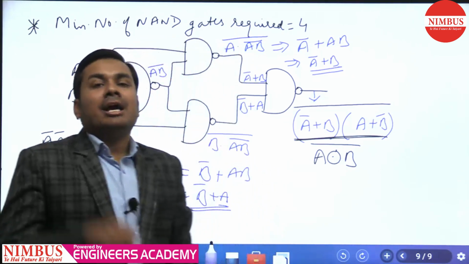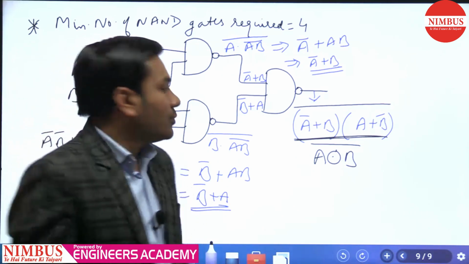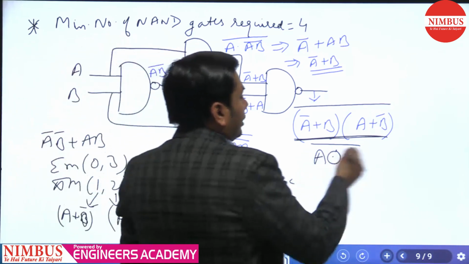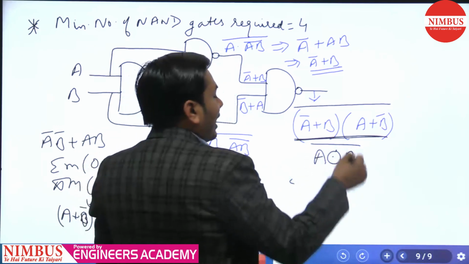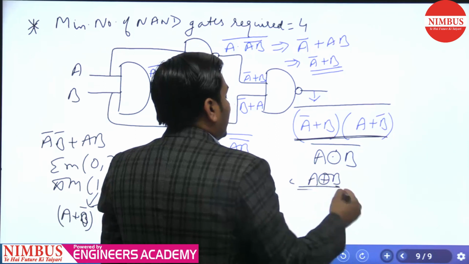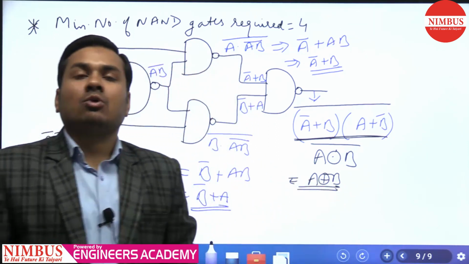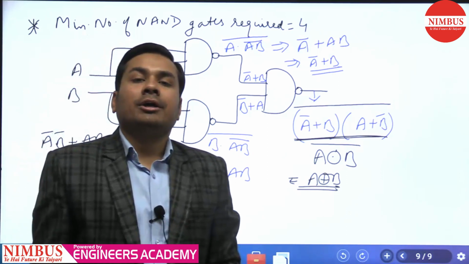Or we can say XOR is a complement of XNOR. So the complement of A XNOR B is equal to A XOR B.